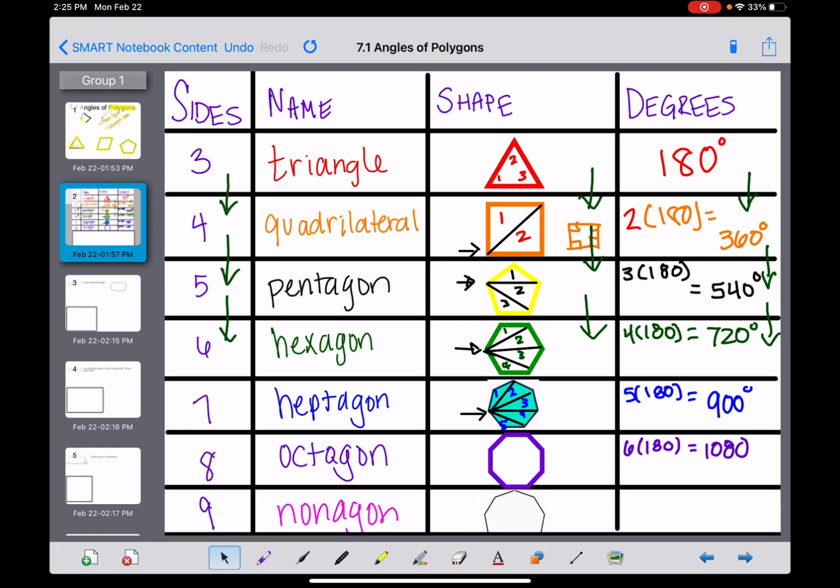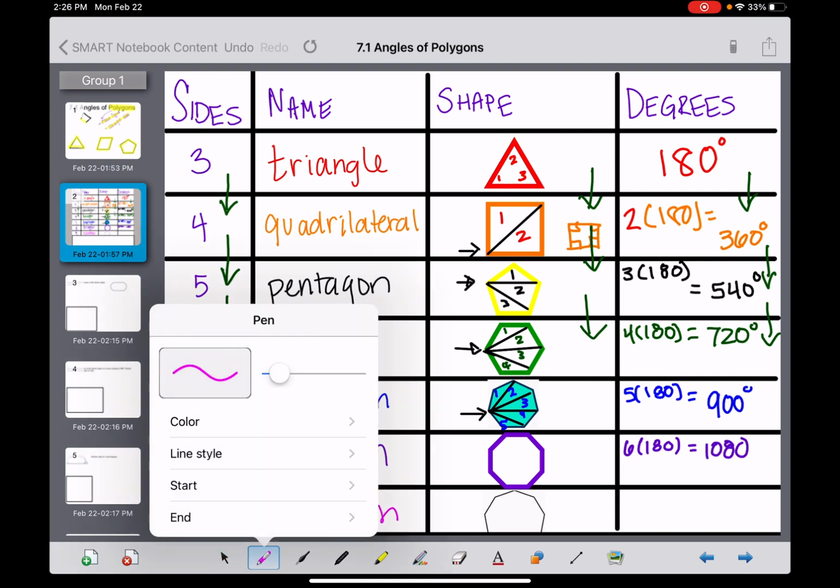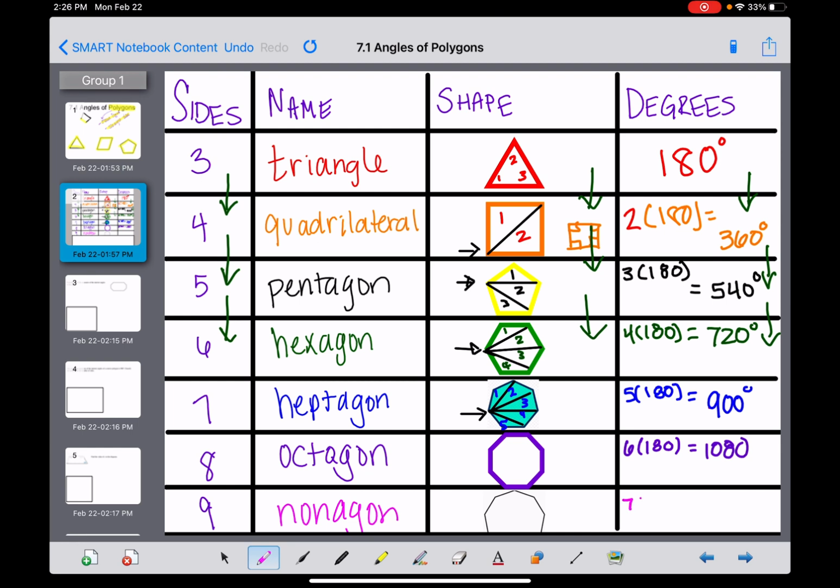A 9-sided figure is a nonagon, and we're going to skip our diagonals again because there are 7 triangles within a nonagon, and 7 times 180 degrees is 1260 degrees.